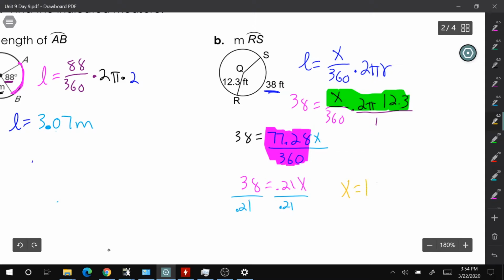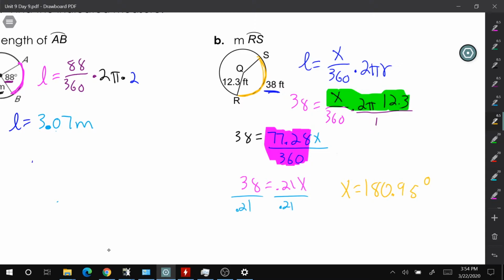So x equals 180.95 degrees. Now you may be saying, well, 180 is over half a circle, and this arc is clearly not half the circle. Well, again, that is why you don't always go by what the picture looks like. You go by the math.